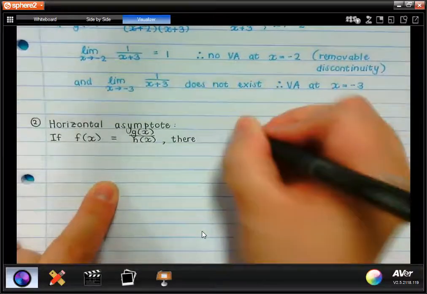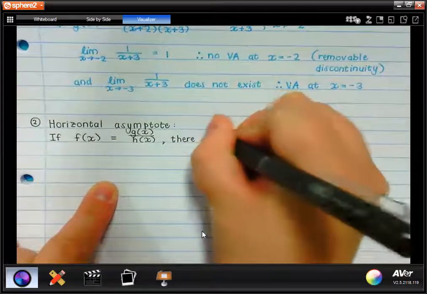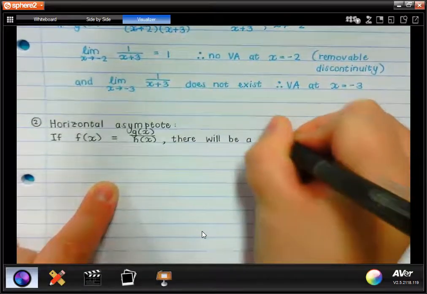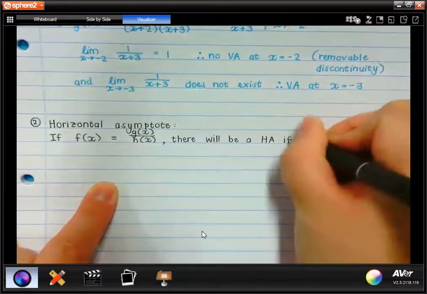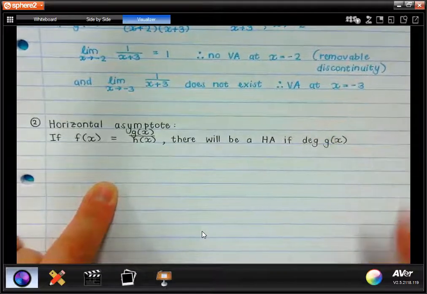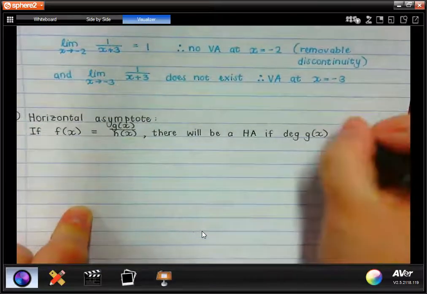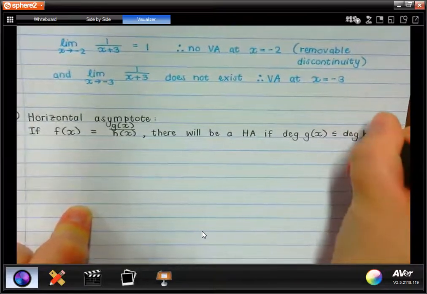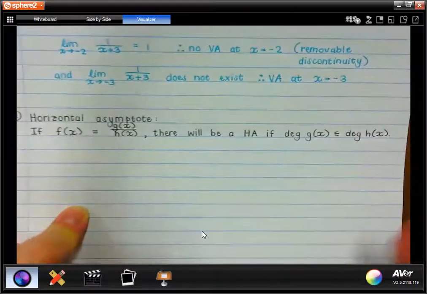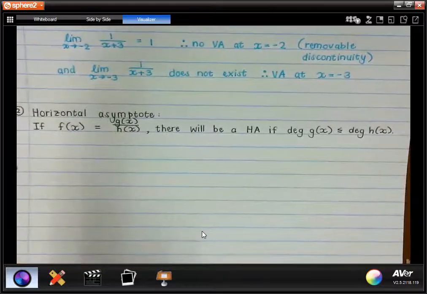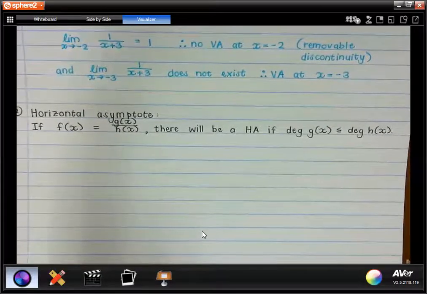So there will be a horizontal asymptote if the degree of g of x, so the degree of the numerator, is smaller than or equal to the degree of the denominator, so the degree of h of x. That's just a way of knowing when you're looking at the actual function whether there will be a horizontal asymptote or an oblique asymptote.